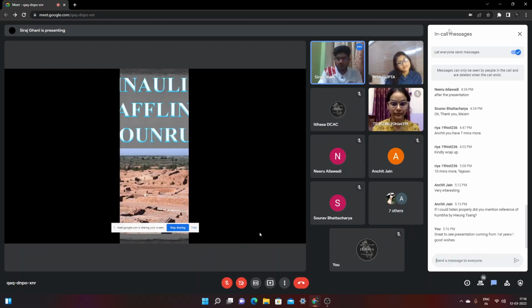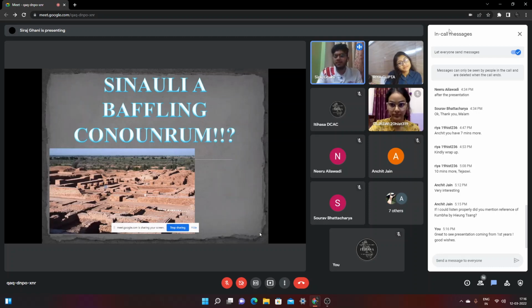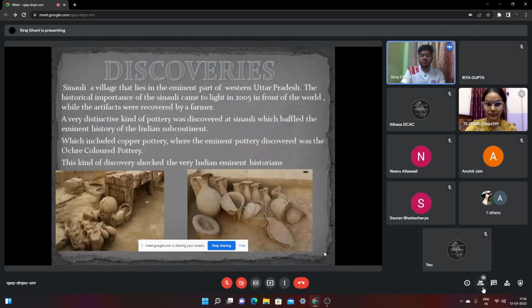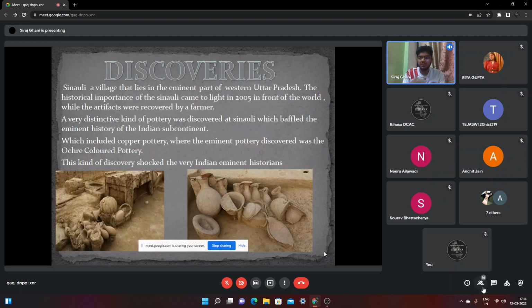So let's start. The topic which I've chosen for the paper is Sinoli, a baffling conundrum. Sinoli is a village in the western part of Uttar Pradesh, about 60 kilometers from Delhi. Sinoli was not in the papers of the historians of ASI or any other history department in the world until 2005, when a farmer, randomly digging up his field, discovered various pottery, some made of copper.